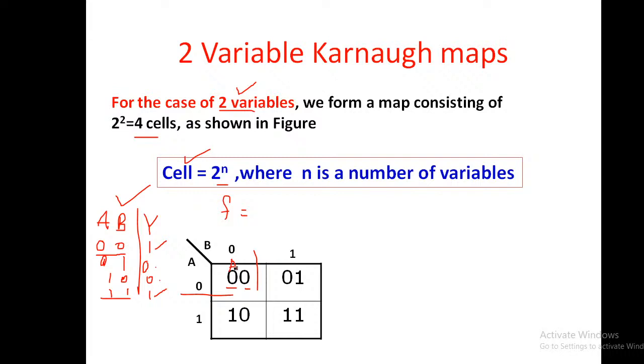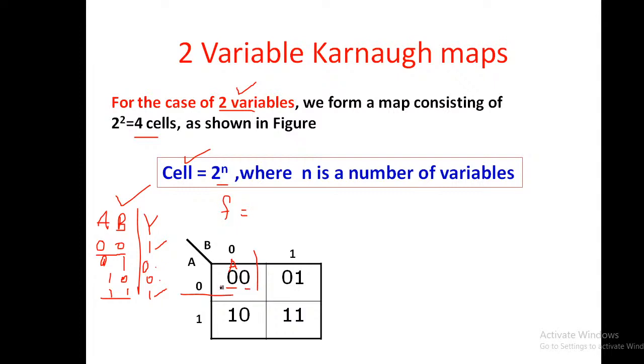If you see the K-map, this is a 2 variable K-map. It consists of 4 cells, because 2 to the power n is 4 cells. Each cell is designated with a number, that's the minterm value.